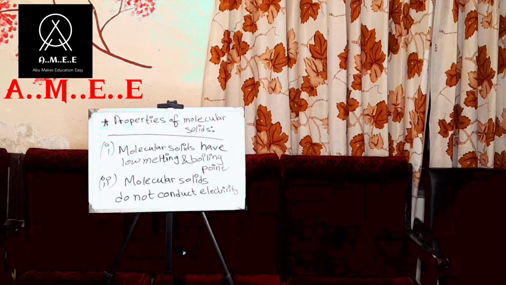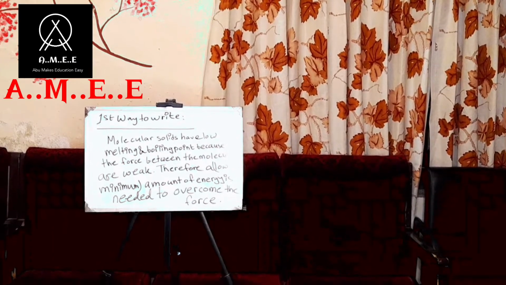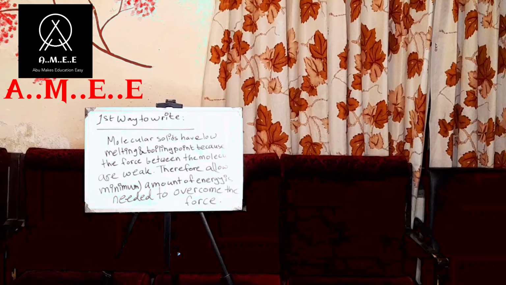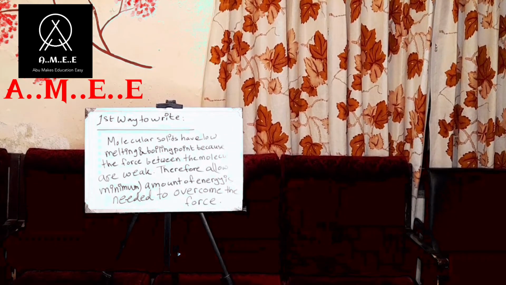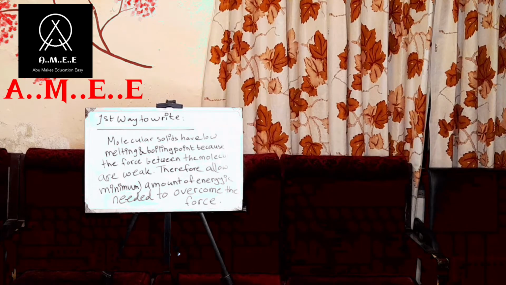So let me just not talk about this; let me write it to show you. As you see, I have written the first way of writing the reason for the first property. I would request everyone to give a star and write the word reason, then give a colon and underline the whole thing.